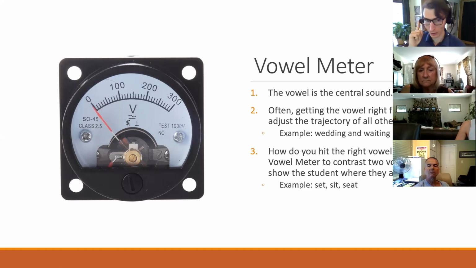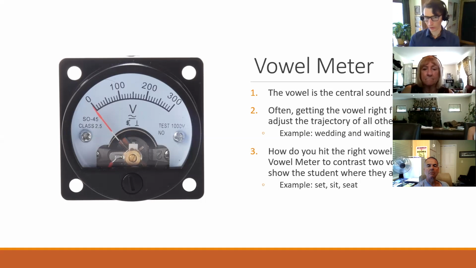Oh, you're saying wedding. I understand. More important than the consonant, t, waiting, or d, wedding, was the vowel. That's what I heard first. So we have to make sure that they're precise on the vowel, not a, but e.